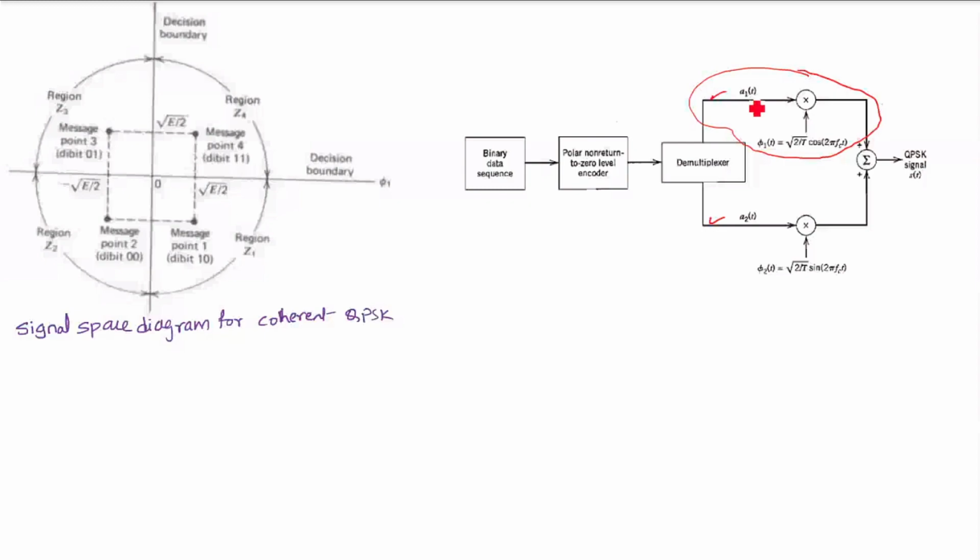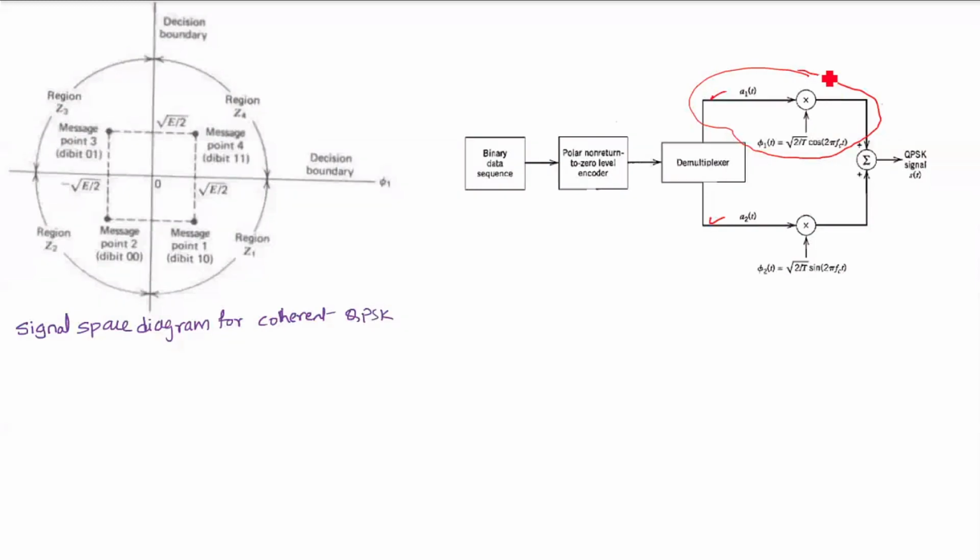If the symbol is 1, in polar NRZ format it will be positive, and its energy will be multiplied by this signal. Now, if the symbol is 0, the polar NRZ form will be negative, and you will have minus the amplitude of the signal into square root of 2 by T cos 2 pi fct, or I can say square root of 2 by T into that amplitude into cos of 2 pi fct plus pi, isn't it?